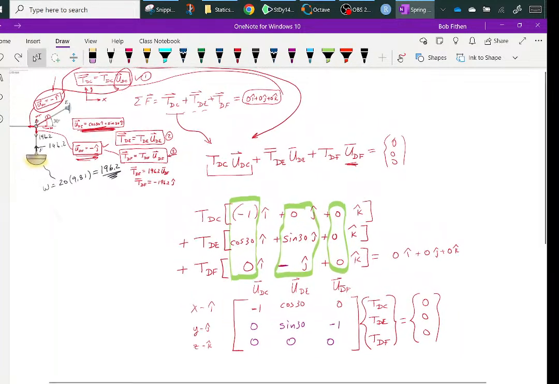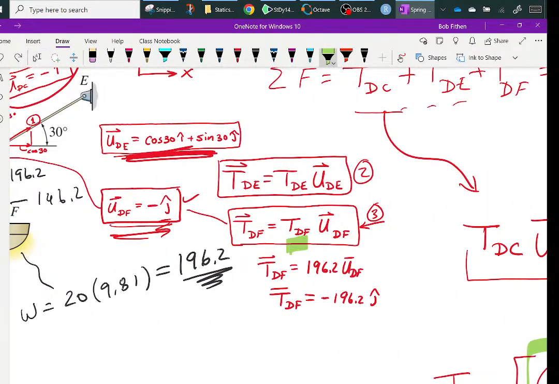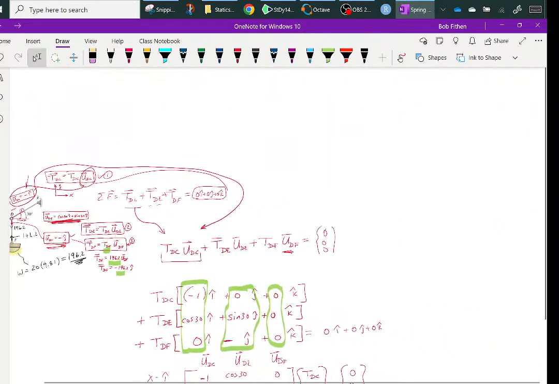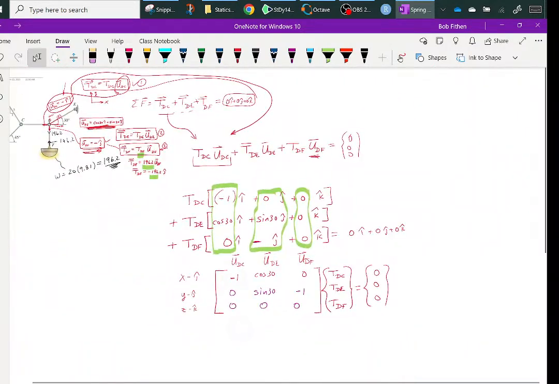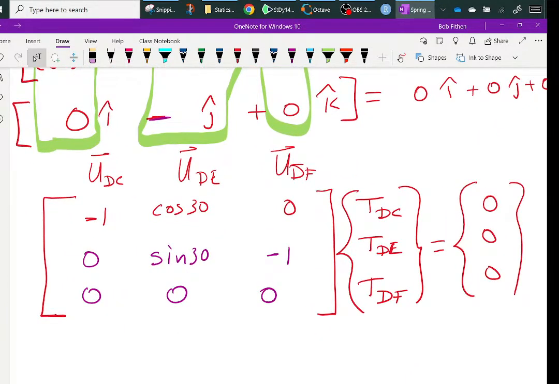Well, we knew, and we started off with this, that the T_DF ends up being 196.2. So if I wanted to put it in there, whoa, hang on, I can, like right here.